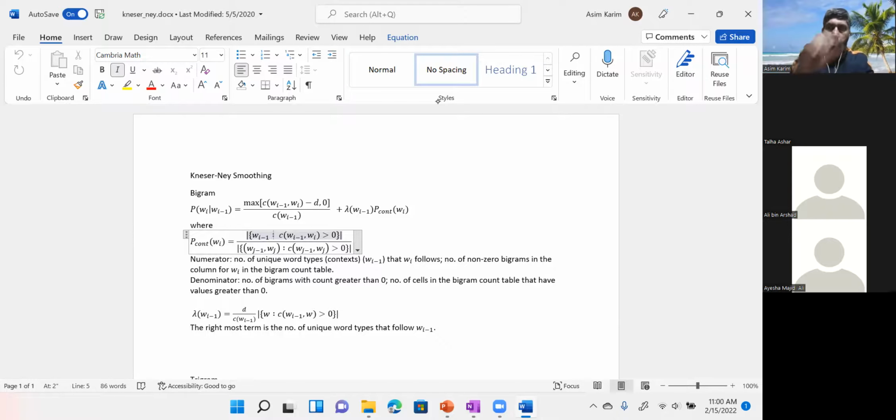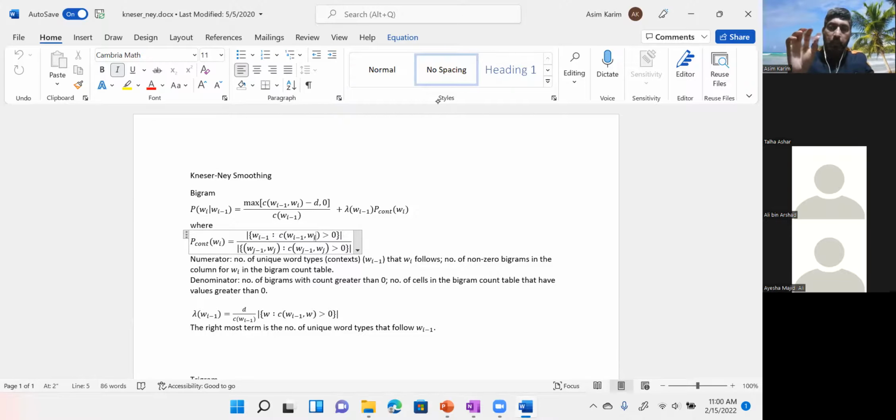So the numerator is Wi minus 1, which is the context. And of course, this is the number of unique words. So what does this mean? See, C(Wi minus 1, Wi) is greater than 0.